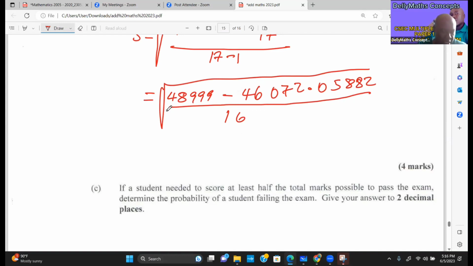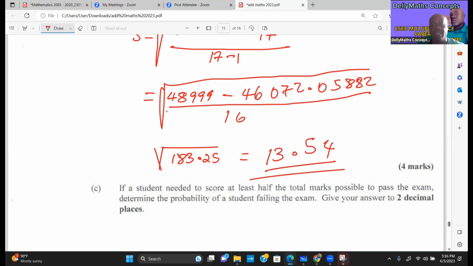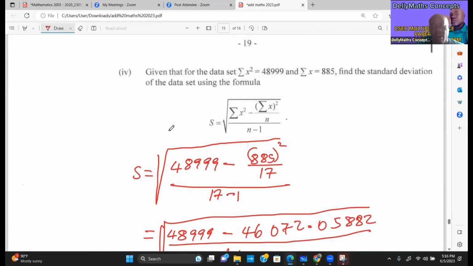Divide this by 16. So I'm taking the square root of 183.25. And I'm getting my standard deviation to be 13.54. All right, so that's my standard deviation right there. The formula was given. All we had to do was just drop it in there and continue working.